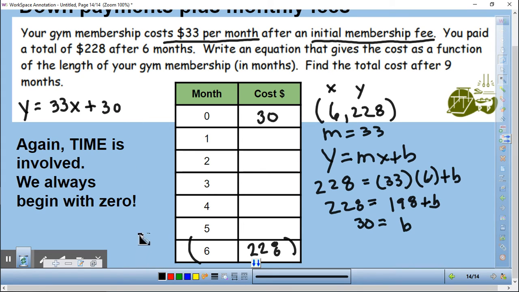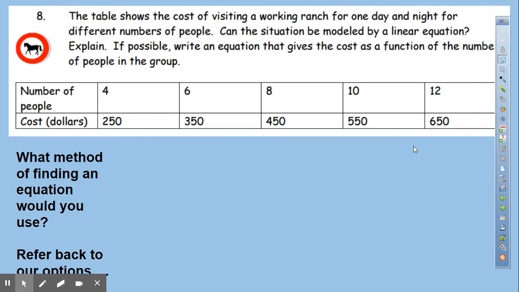So 33 times 9 plus 30 is 327 total dollars that you spend at the gym in 9 months. Let's look at the next one.